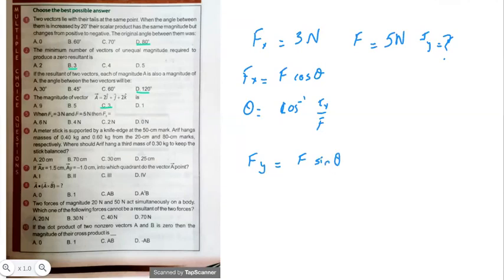So quickly calculate this and let me know your answer. Cos inverse of fx is 3, f is 5, so this angle will be equal to 53.2 degrees. If you substitute that angle in this equation, what will be your answer for fy?